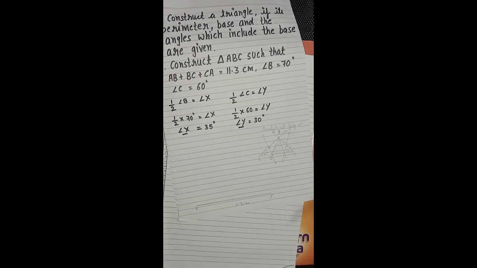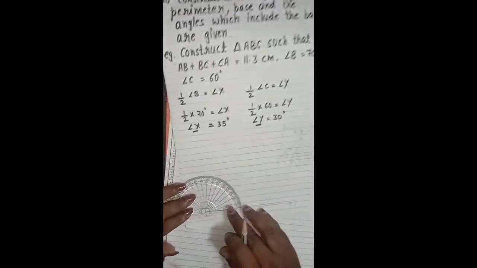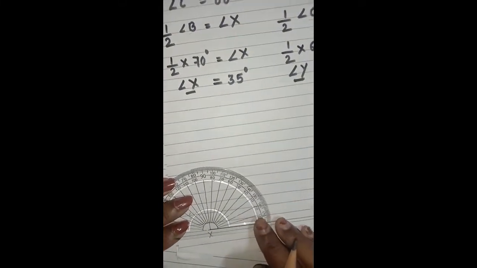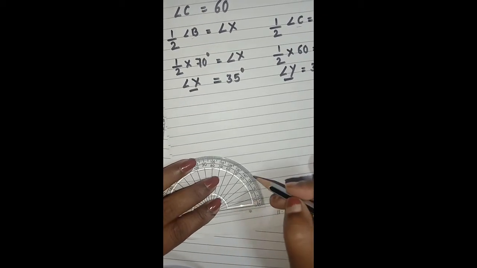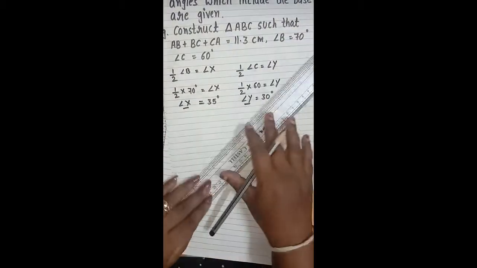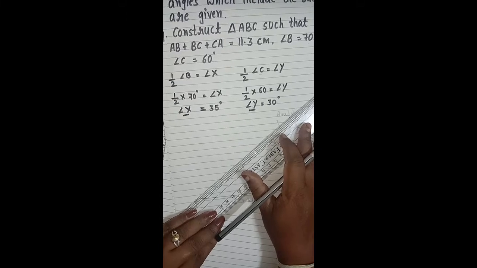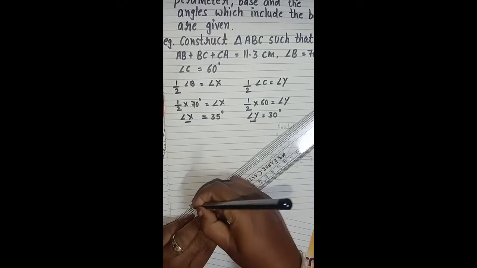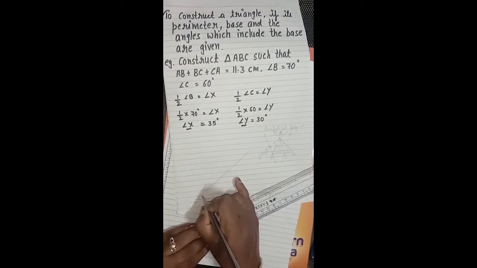Now what is angle X? Angle X is 35. Using the protractor, measure angle X as 35 degree, and we'll draw this. So this will be 35 degree.